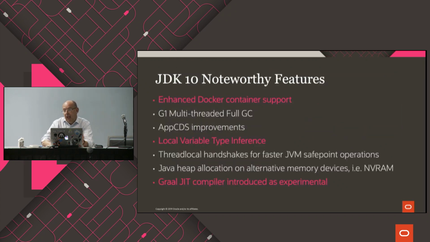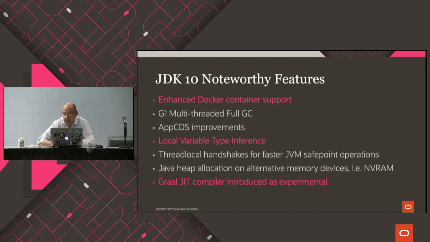So, going back, and I will do that quickly, to 10. In 10, there are some very important features and improvements that we made to the platform. Docker support, making sure that the JVM interacts properly in terms of resource control and resource management with Docker containers. Clearly on the language, the march that we have is to make the Java language as approachable as we can, with var.